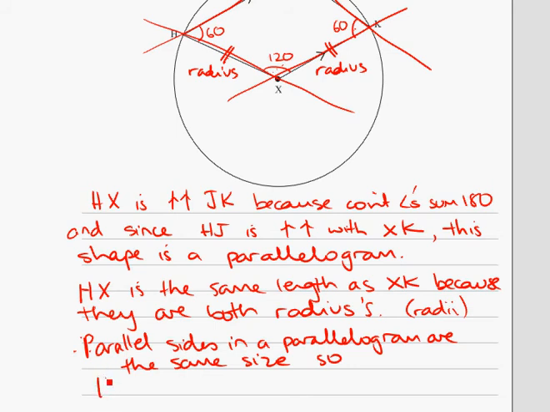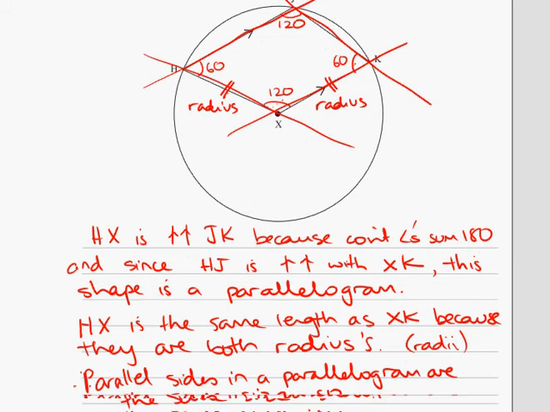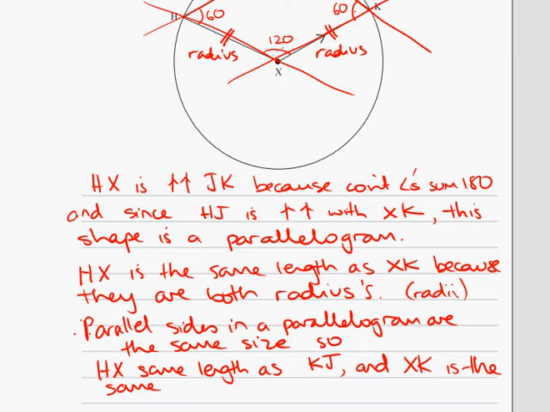So HX must be the same length as KJ, and XK is the same length as HJ.